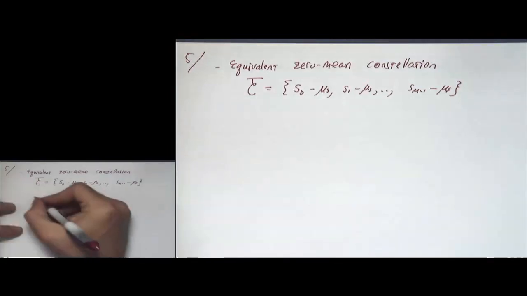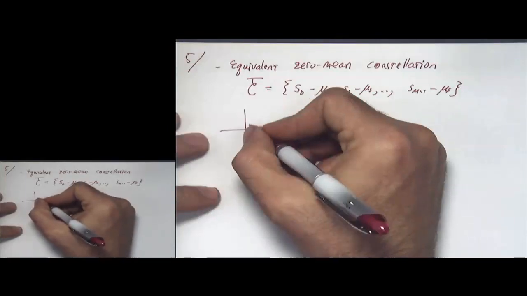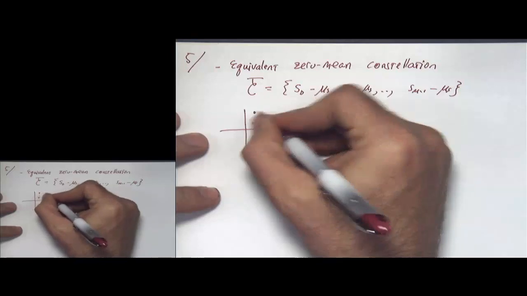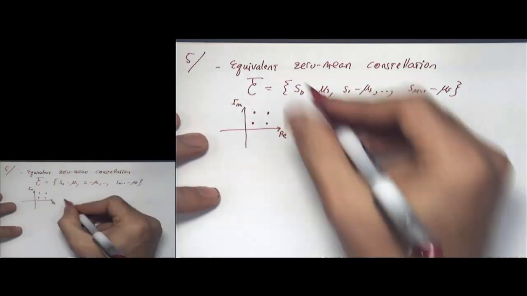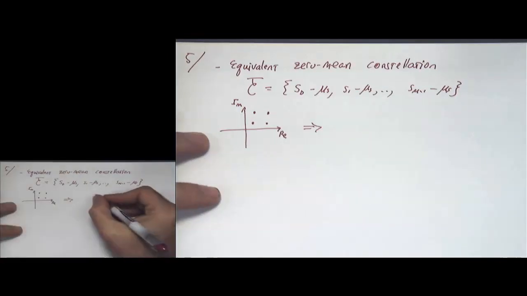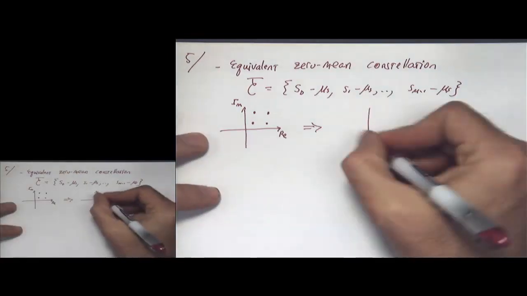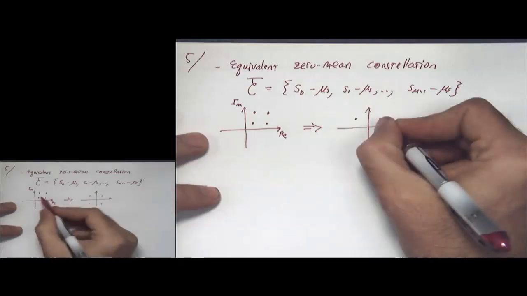And so the operation intuitively here, like if we were plotting, I'll do an example later, but supposing that we had a constellation that looked like this. This is the real part, this is the imaginary part here. Intuitively, what's happening is by having it 0 mean, we're making the center of mass 0, and so we're going to come up with some new constellation that ends up being centered.